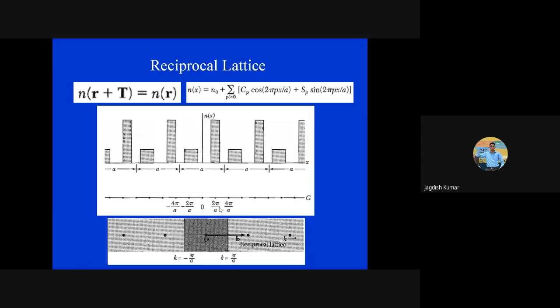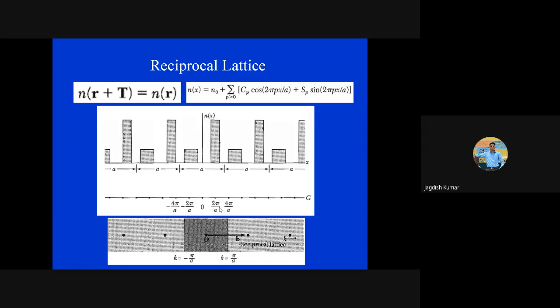If it is a meter in real space, it will be per meter in reciprocal space. So that is also the way to first differentiate between the two lattices. Real space lattice is inverse of reciprocal space lattice, and vice versa.